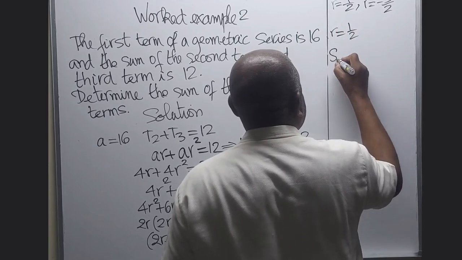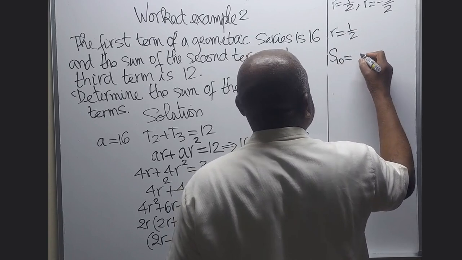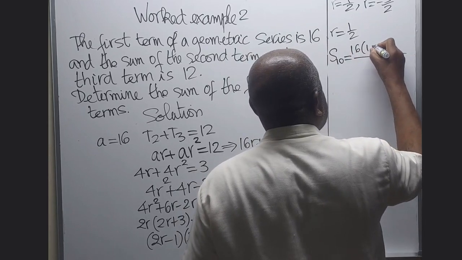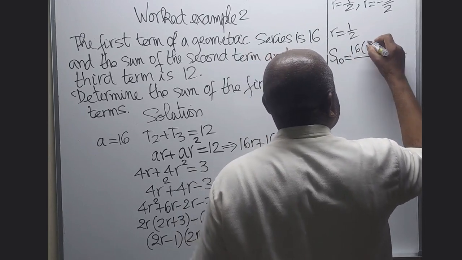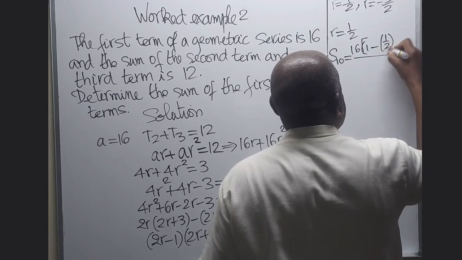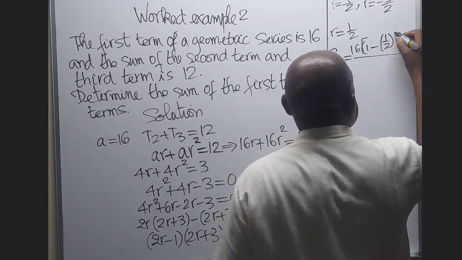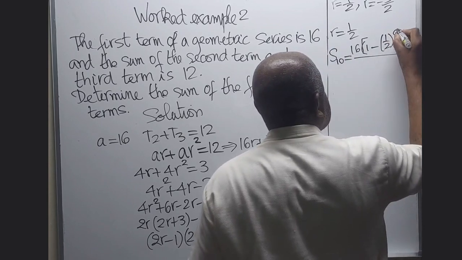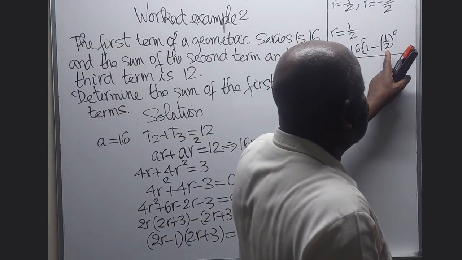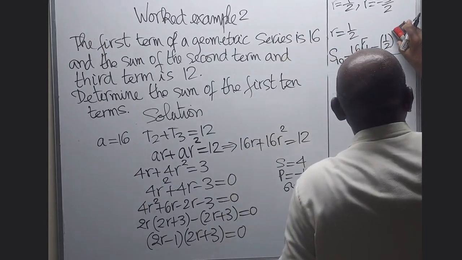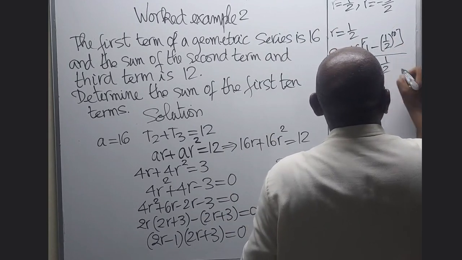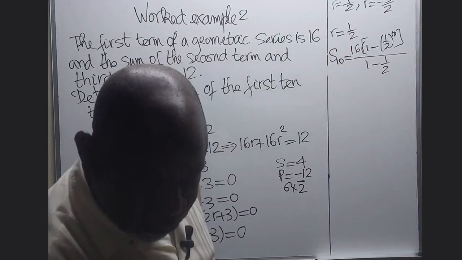And S10 will be equal to 16 times 1 minus r to the power of n, where n here is 10, over 1 minus 1 over 2. Then we're going to use a calculator to get this sum.